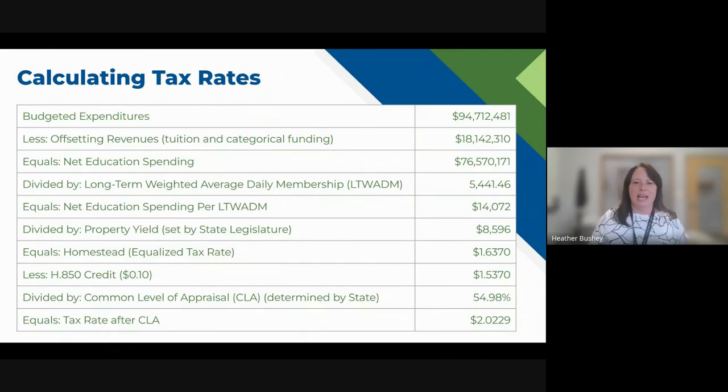That gives us our net ed spending per pupil. We divide that by the yield. That gives us our equalized tax rate. We take the credit, we divide it by the CLA to get to our tax rate that shows up on our bills. So we've talked about each of those pieces. So that's our calculation. That's the math.